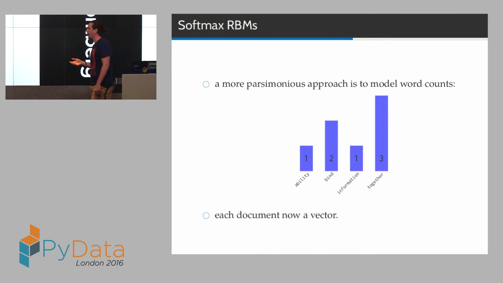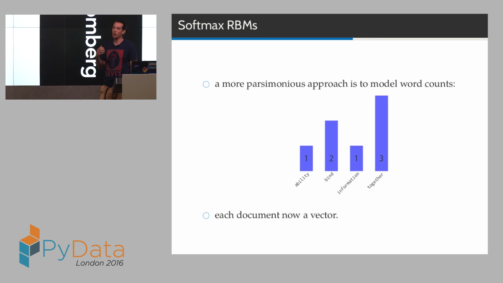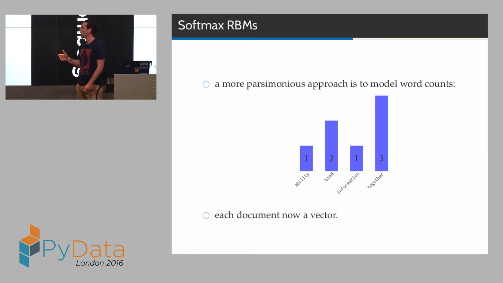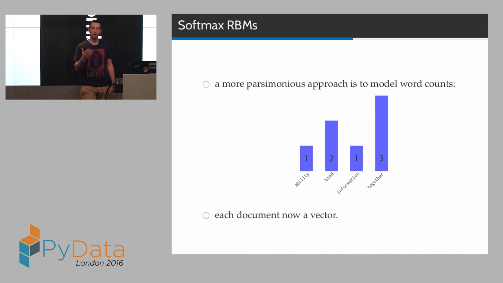So in this work, we took a more parsimonious approach. We just modeled the word counts. As opposed to modeling word location, you forget about the order in which the words occur, and you just try to model the word count. Each visible unit is no longer a matrix, but just a vector, and the ith entry is the number of times that word occurs in your document.